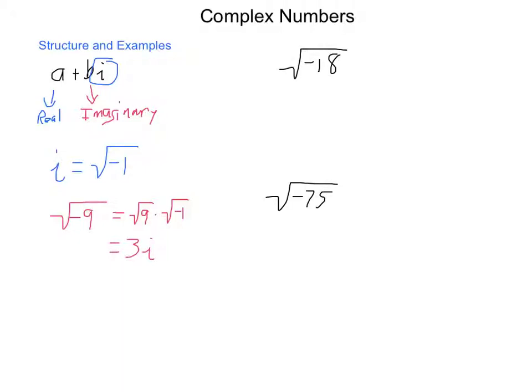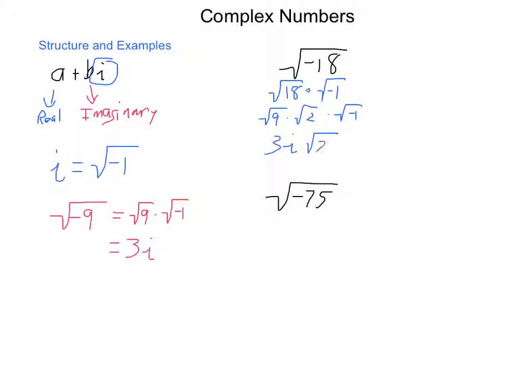Let's try simplifying a couple of such numbers. Let's find the square root of negative 18 and the square root of negative 75. The square root of negative 18 is the square root of 18 times the square root of negative 1. Square root of 18 is square root of 9 times the square root of 2. This is still being multiplied by the square root of negative 1. 9 gives us 3, negative 1 gives us i.